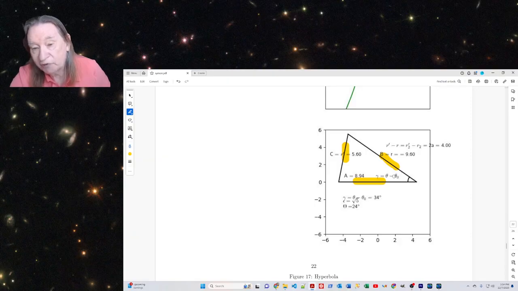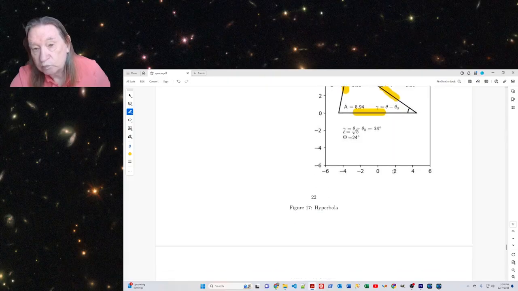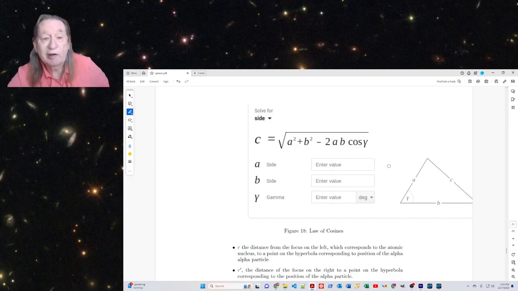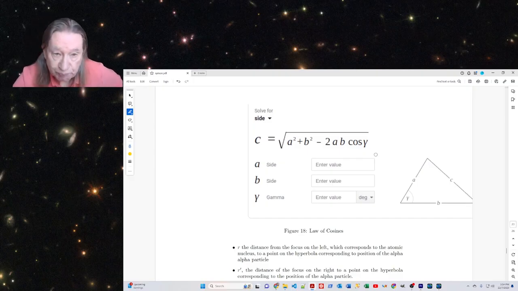So it's theta minus theta naught. Here's the law of cosines. It's kind of a generalization of the Pythagorean theorem to take into account the fact that it's not a right triangle.